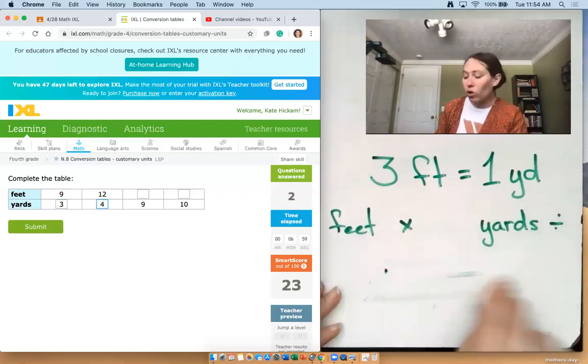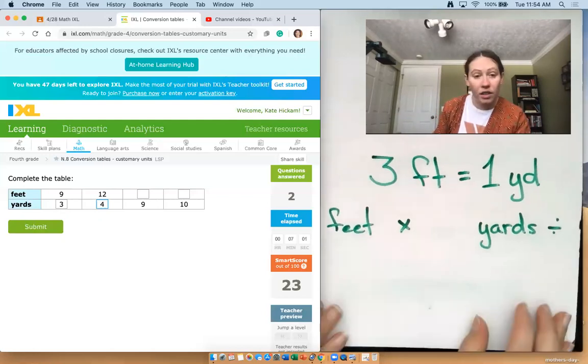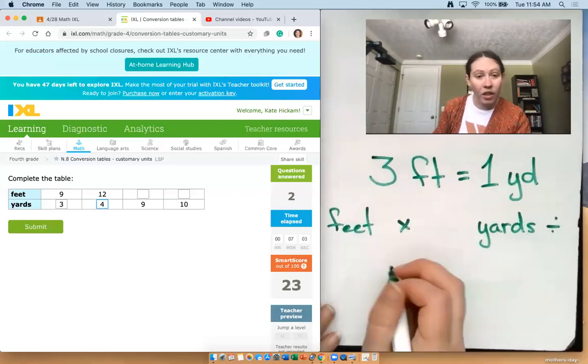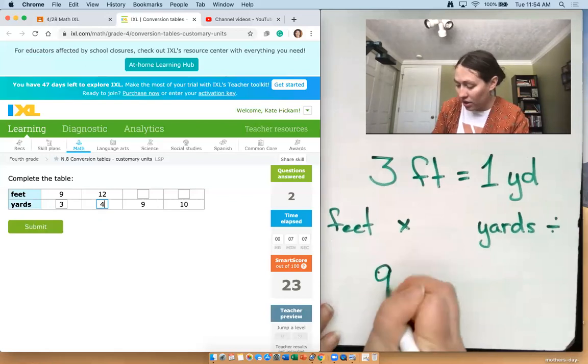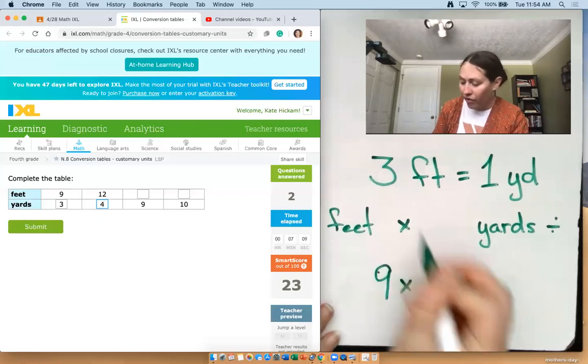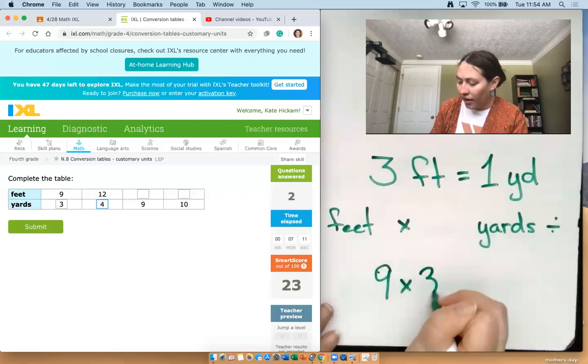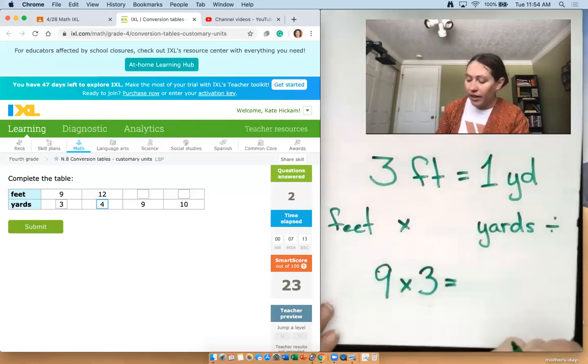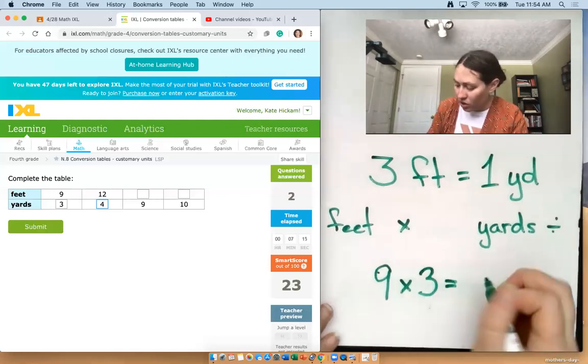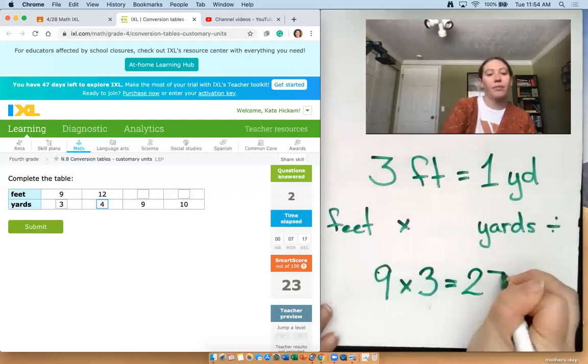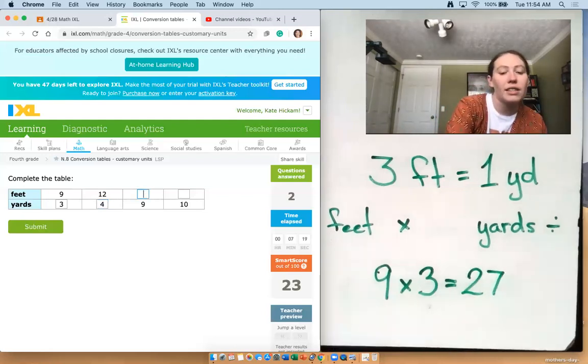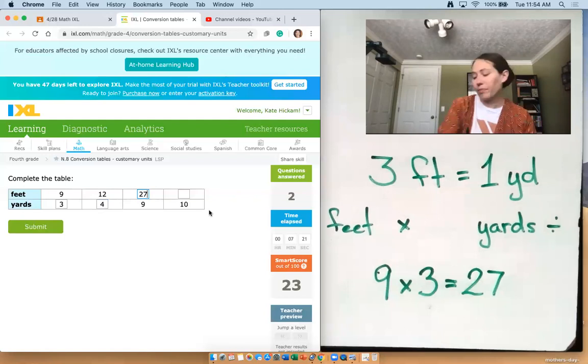This time I'm looking for feet. So I have 9 yards times the number of feet, 9 times 3, 27. So 27 feet.